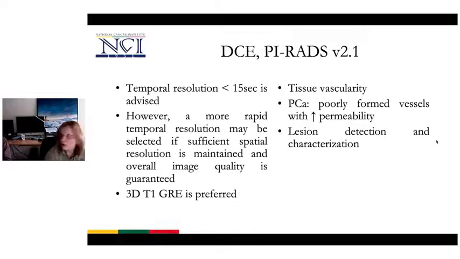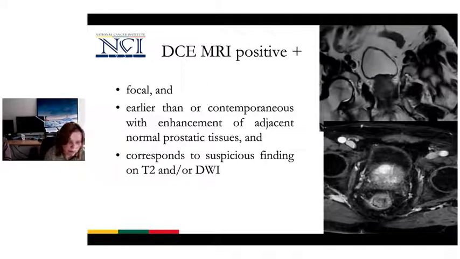On contrast enhanced images, we evaluate how contrast is accumulating in these lesions, and of course it corresponds to tissue vascularity. This is an example. We see a lesion on the T2 image, and here we see a contrast enhanced image.